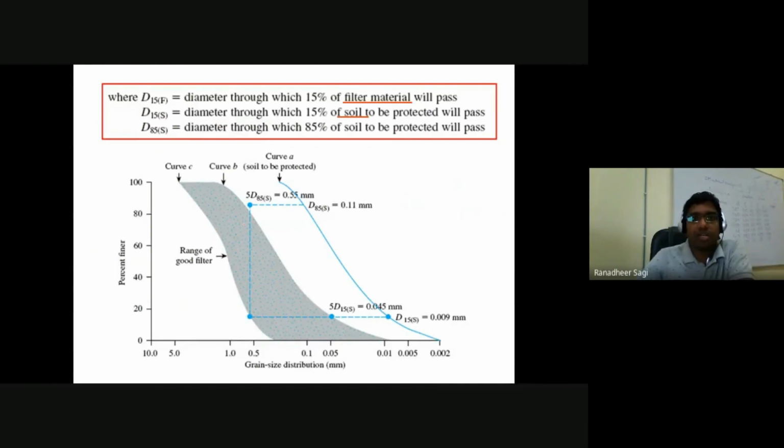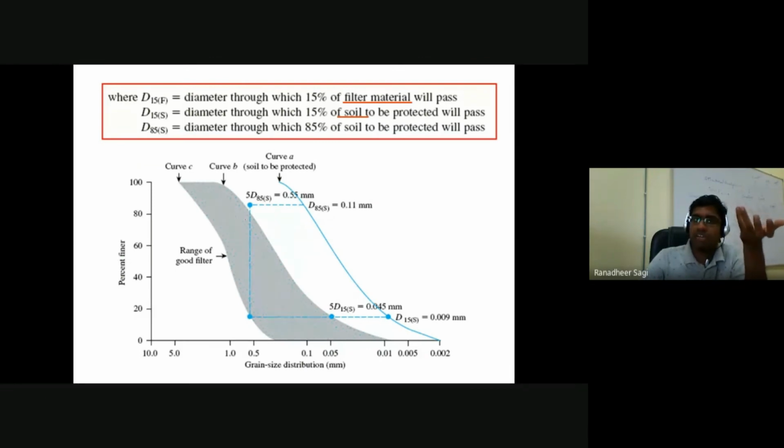Likewise, you know how to pick out D15 for the filter, D15 for soil, D85 for soil, and so on, once we have the grain size distribution curve for that filter material. From that grain size distribution curve for the filter material, I can pick out the D15 value of the filter material. And likewise, if I know the grain size distribution curve for the soil in which the flow is happening, then for that particular soil I can determine the D15 and D85 values.